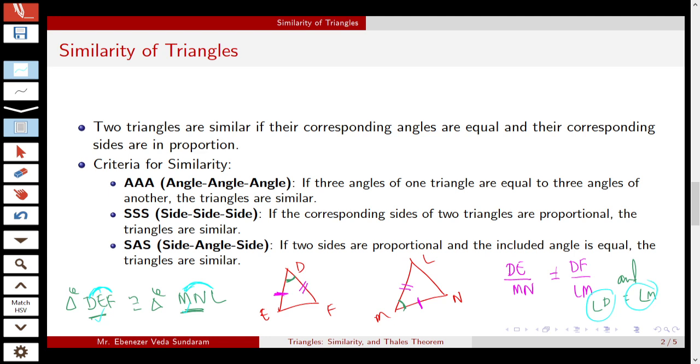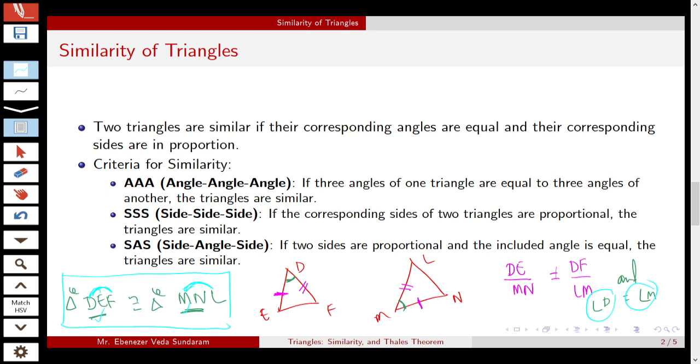So yes, what I have written here is correct: triangle DEF is similar to triangle MNL. What I insist on here is that the order of writing similar triangles also matters. We can't simply write DEF is similar to MLN or any other order except MNL.